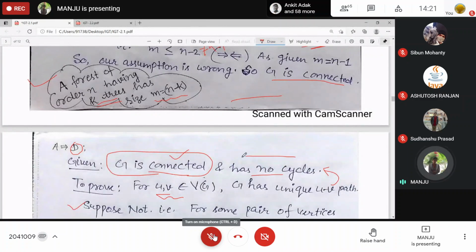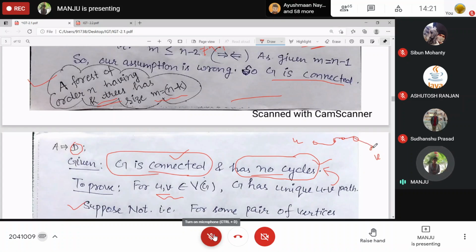Now need to prove just that it has no cycle. If some cycle is present, by contradiction I'm just trying to prove this part, then what will happen? Here is U, here is V, and G has some cycle.